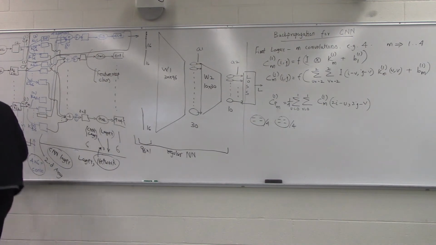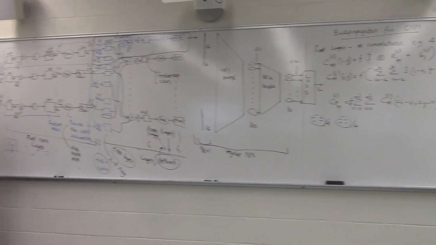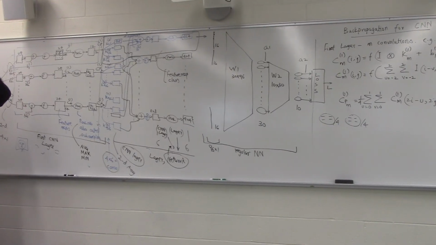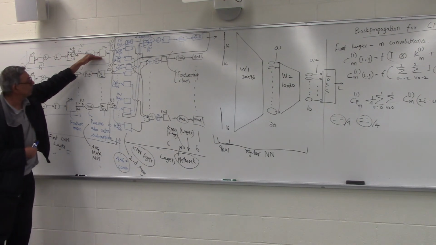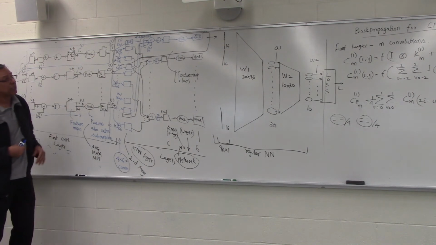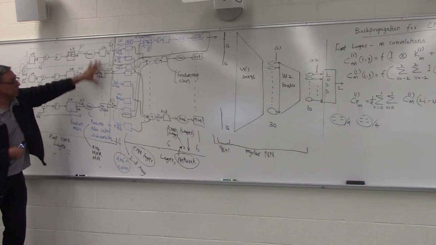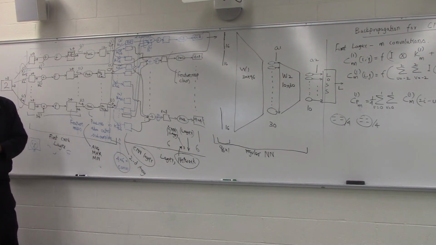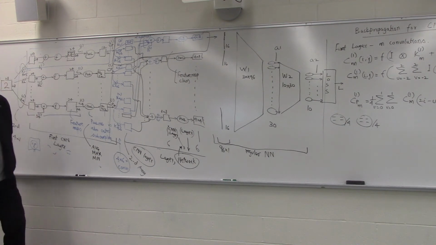With these two equations, and like I said, m will vary from 1 to 4 because in our example we have 4 pools, 4 feature maps. Will we know all of these outputs if we apply these equations? Straightforward, piece of cake so far.